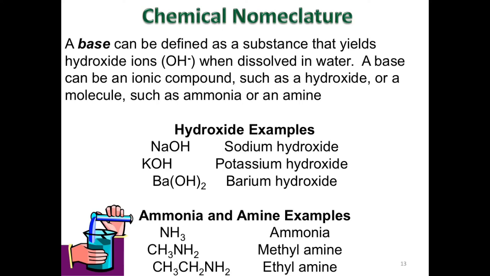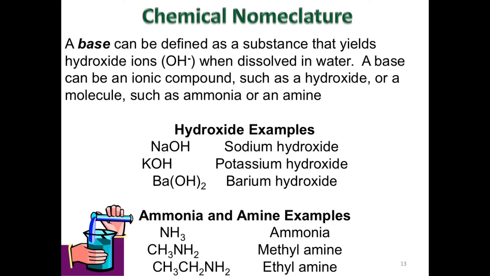However, there are some compounds that when dissolved in water will remove a hydrogen ion from a water molecule, leaving a hydroxide ion as the base. And these are ammonia and amines. Amines are organic molecules that have a nitrogen in them.